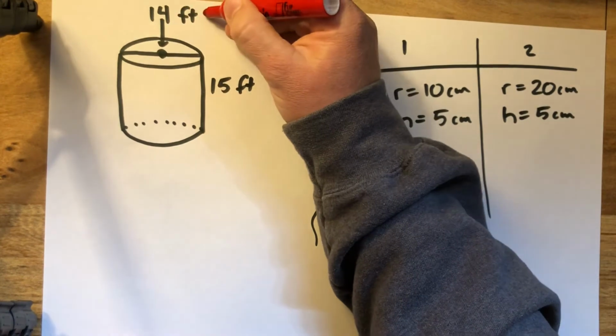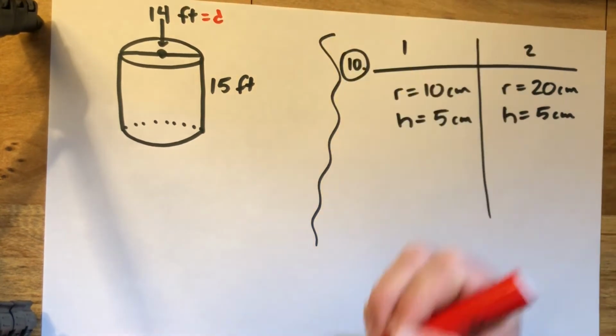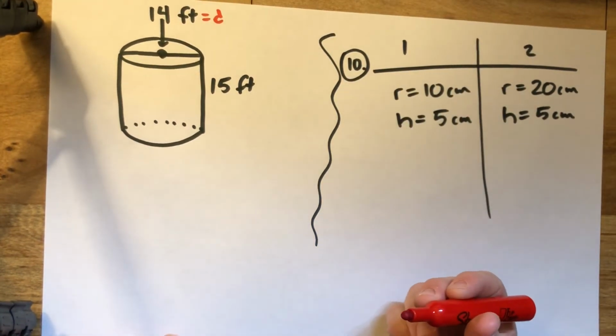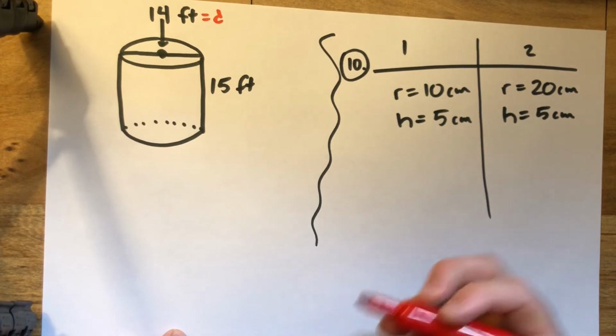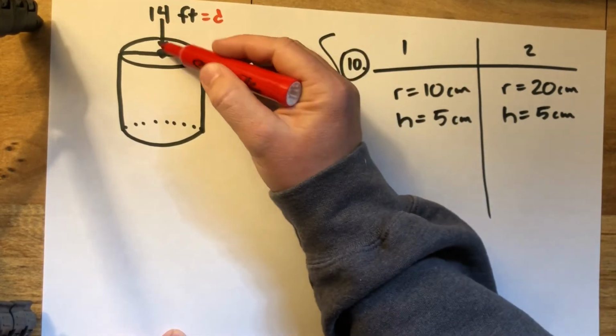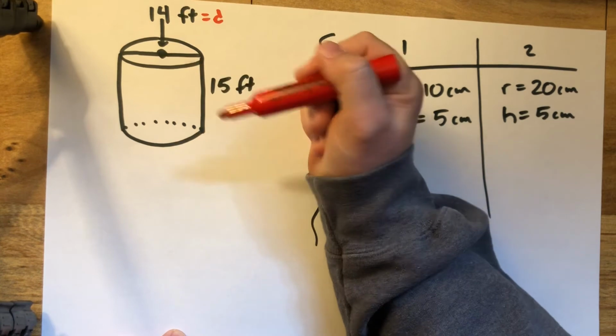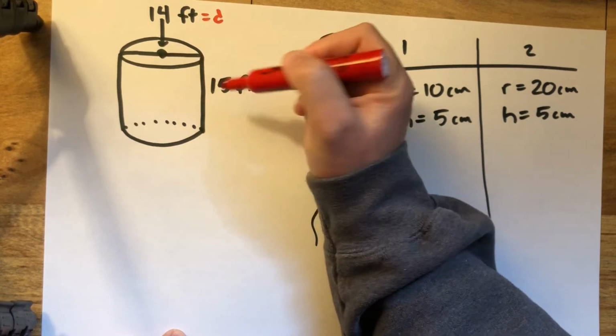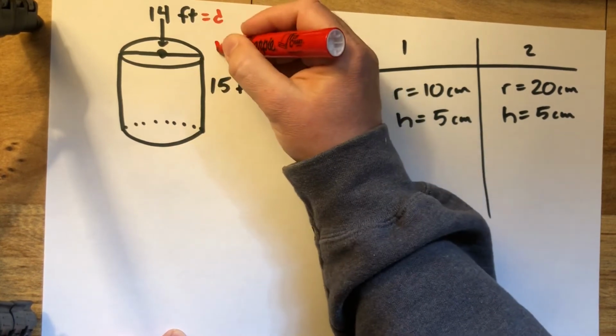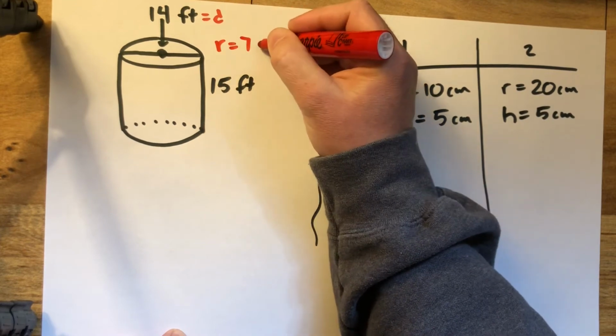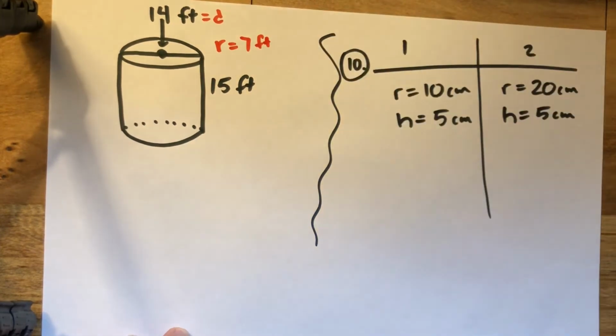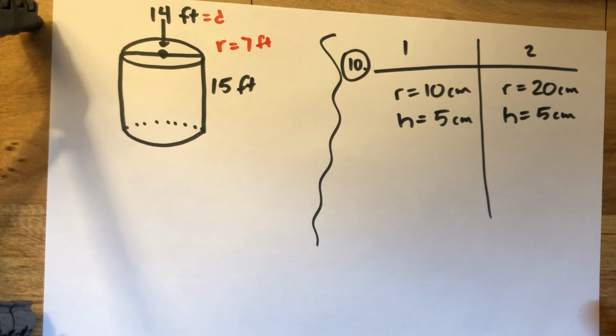Be aware of that. If this equals the diameter, we're not going to use it for radius. We're going to find the radius based on the diameter. So if we have 14 all the way across passing through the center, from the center out must be half of that, or divide by 2 to get 7. So the radius actually equals 7 feet. Here we'll be using 7, not 14.